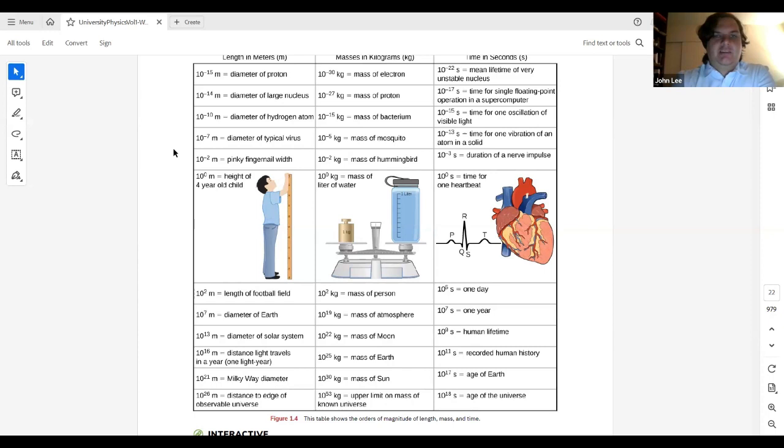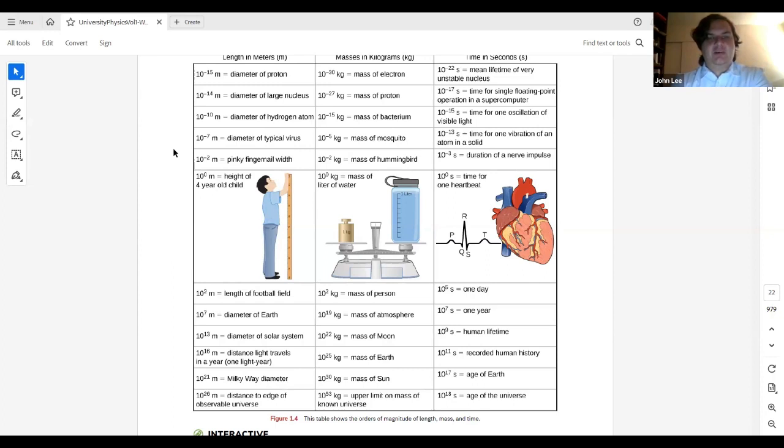You can also look at masses in kilograms. Basically, the mass of a proton is 10 to the negative 27th kilograms. The mass of an electron is 10 to the negative 30th kilograms. So the mass of an electron is about 1,000 times less than the mass of a proton.